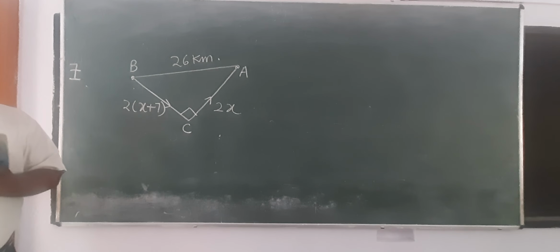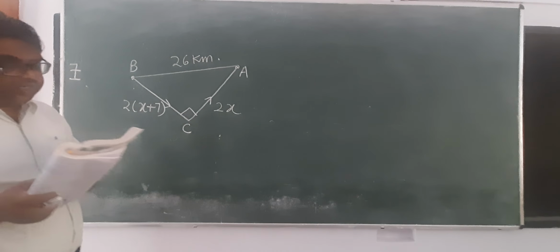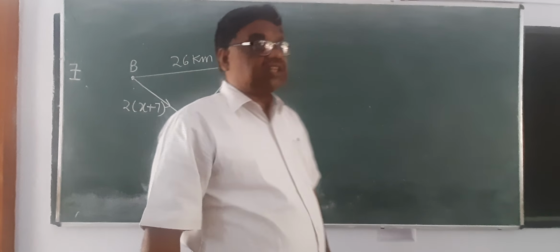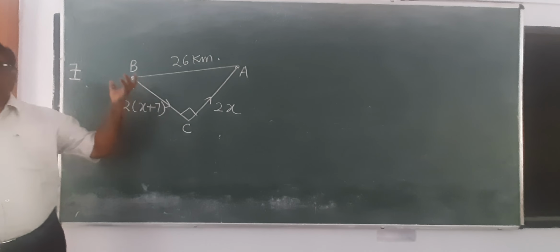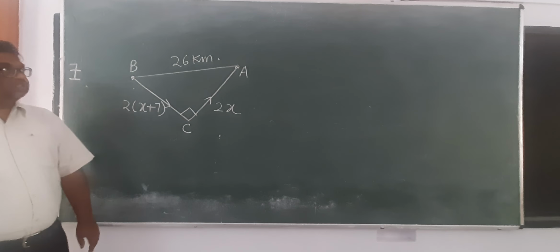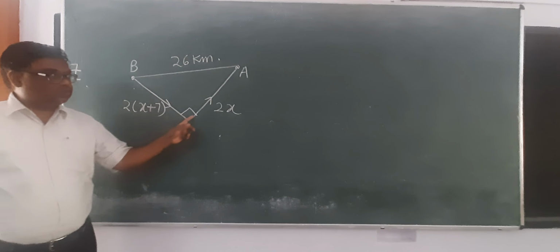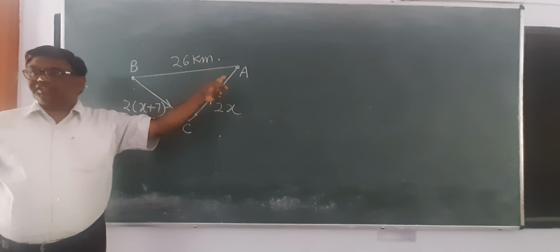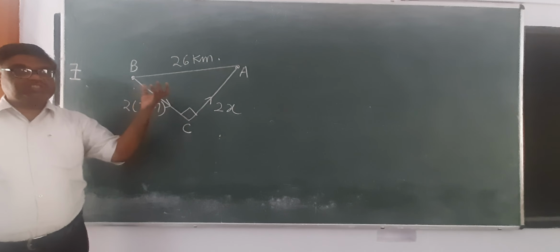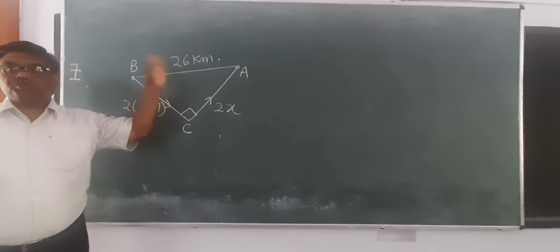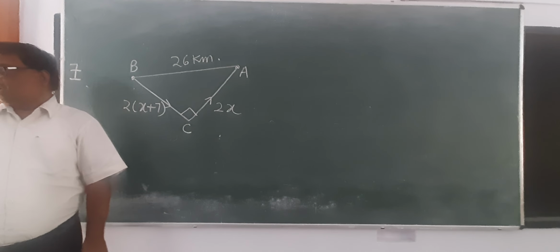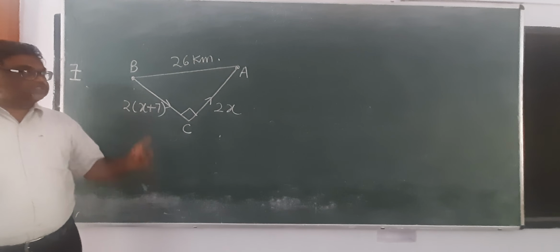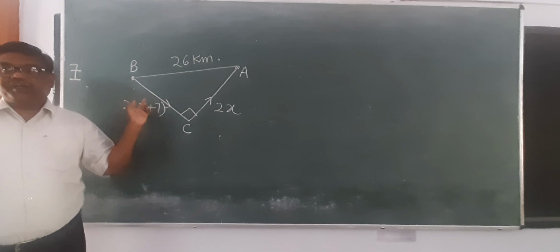So you have to find how much distance will be saved in reaching city B from city A after the construction of the highway. Means after the highway is built, how much distance will not have to be covered. So we can understand this like this: suppose the total length of this route is 60 kilometers. After the highway is built, how much will we have to travel? 26 kilometers. So how much distance will be saved? 60 minus 26 means 34. But right now we have assumed 60, we do not know how much it is. So first you will find what x is. How will you find x?